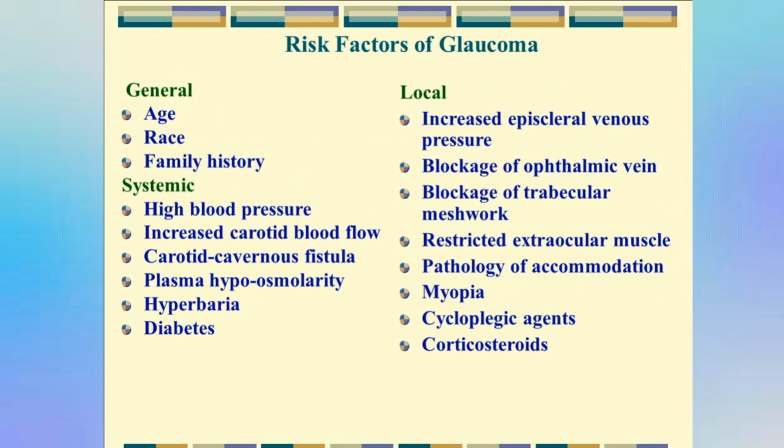And of course, local factors may also be risk factors for the development of glaucoma: increased episcleral venous pressure, blockage of the ophthalmic vein, blockage of the trabecular mesh, restricted extraocular muscles, pathology of accommodation. Myopia is a risk factor for glaucoma, as are cycloplegic agents, which can be used in different diseases such as uveitis.